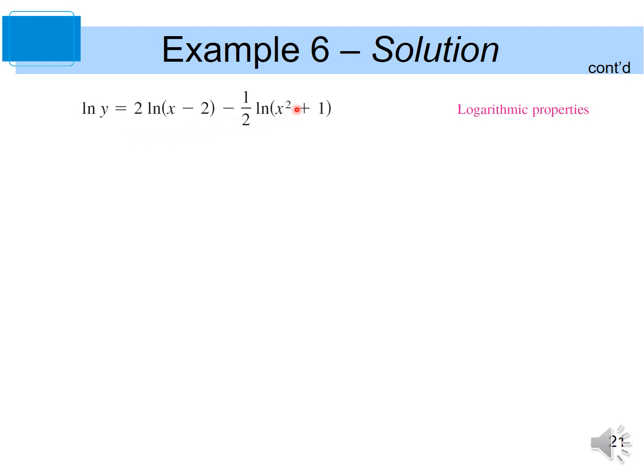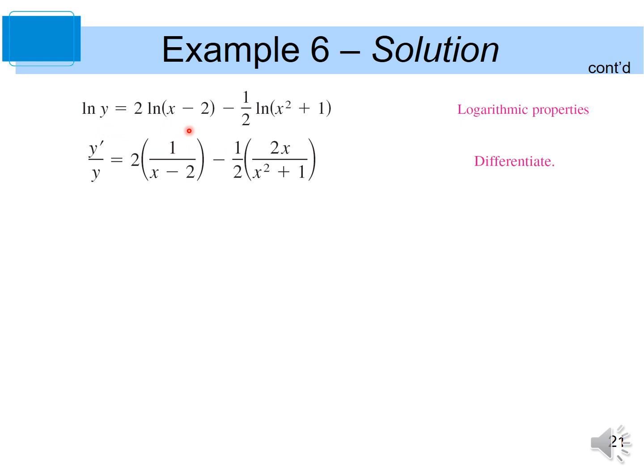From this equation, we can differentiate both sides with respect to x. For the left side, we differentiate natural log of y with respect to x. We need to use the implicit derivative method because the variable is not the same.